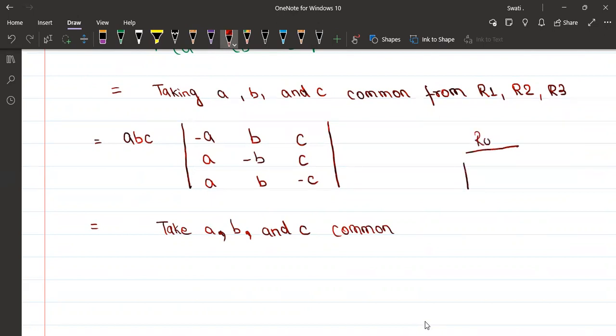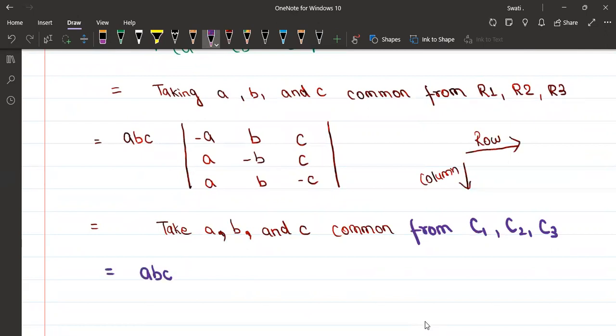Now I'm going to take common A, B, and C from all three columns, that is C1, C2, and C3. A, B, C is already outside.